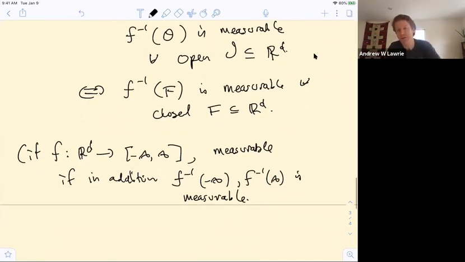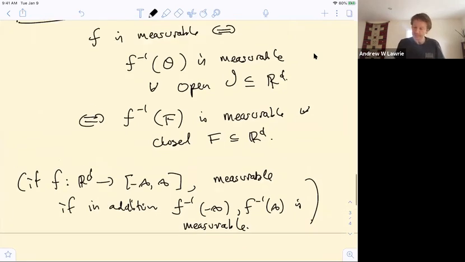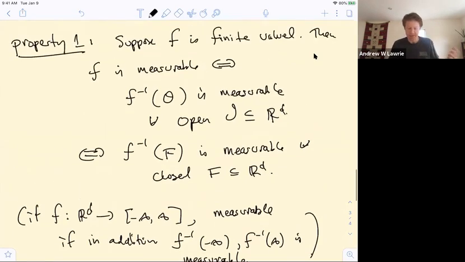So if and only if the preimage of every open set is measurable, and we have to look at two additional preimages, namely the preimage of plus or minus infinity. And this property is again almost immediate from the definition, and given what we know about open sets on the line, right?